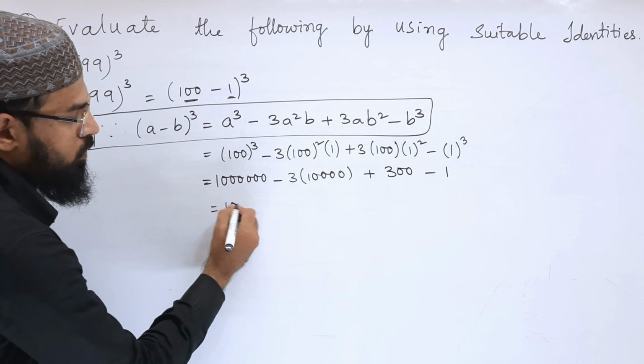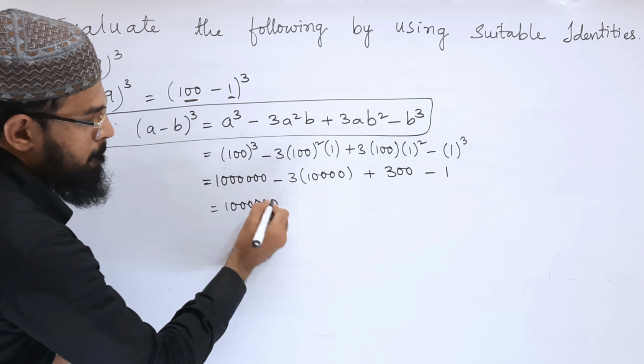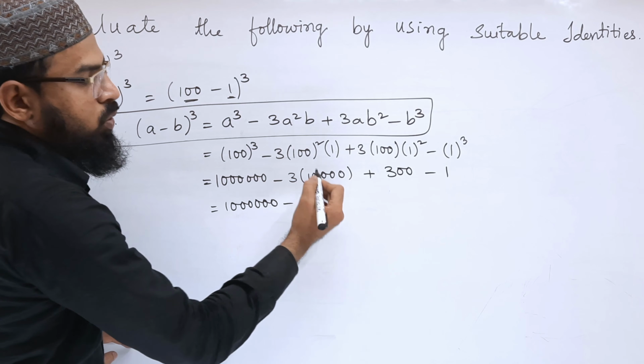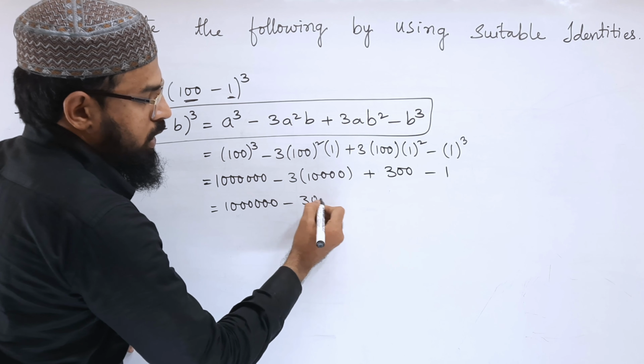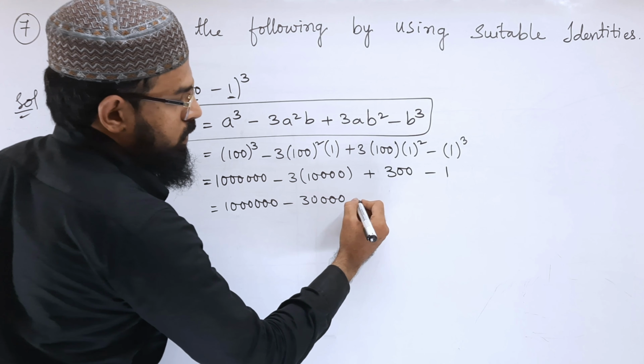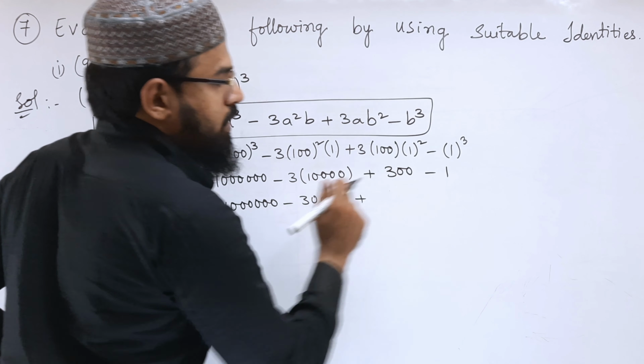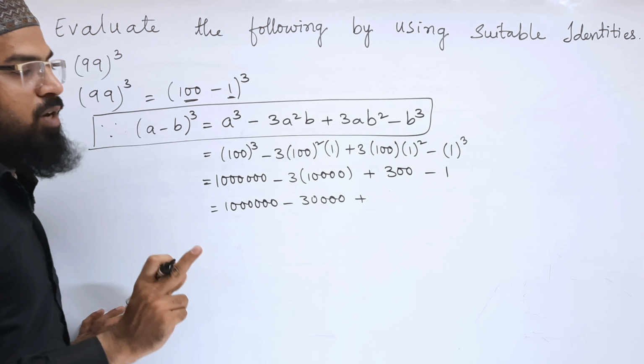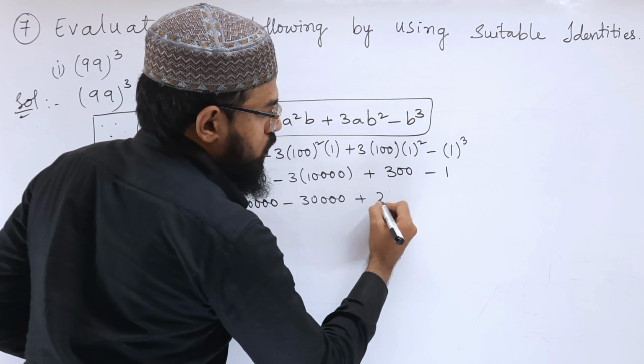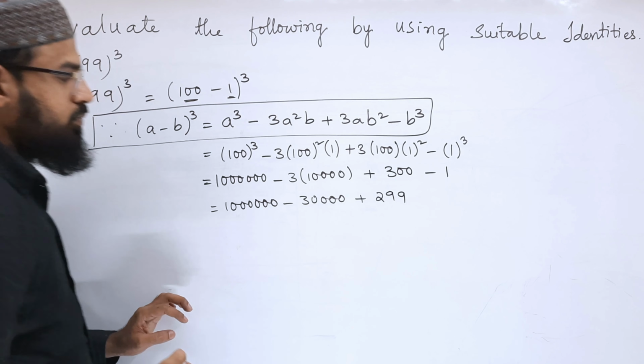Next, 3 into 10,000, so 30,000, plus, if we subtract 1 from 300, we will get 299.